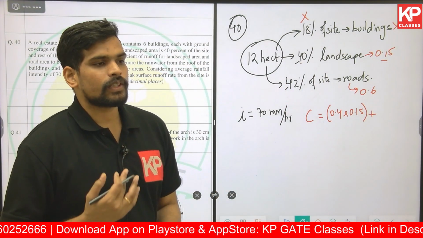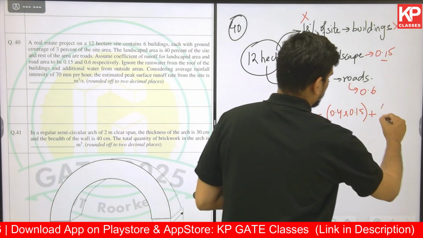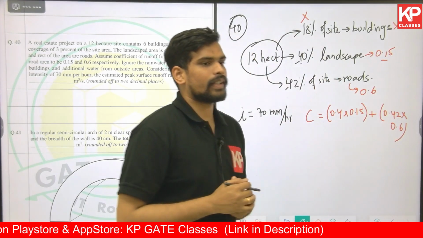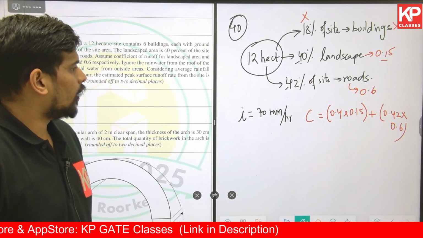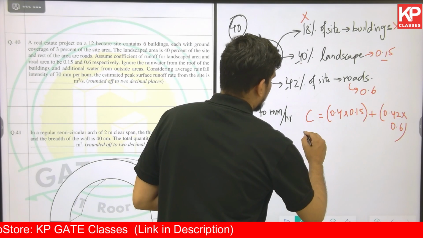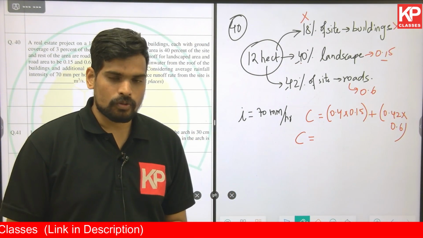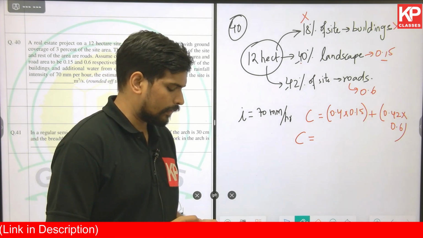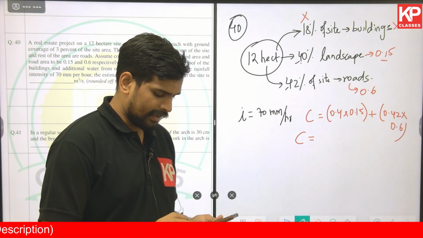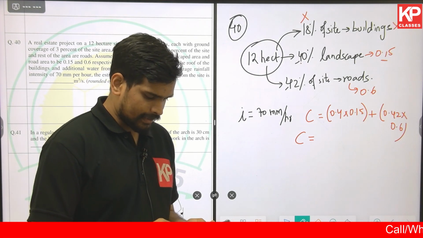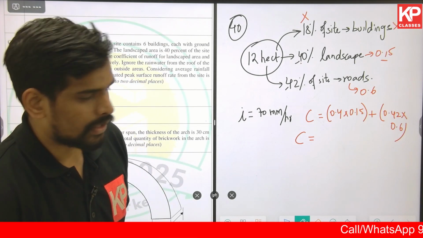Then for roads, it is 0.42 into 0.6. You can multiply these and add, and you will get the overall runoff coefficient of the landscape and roads together. So 0.4 into 0.15 plus 0.42 multiplied by 0.6 comes out to be 0.312.